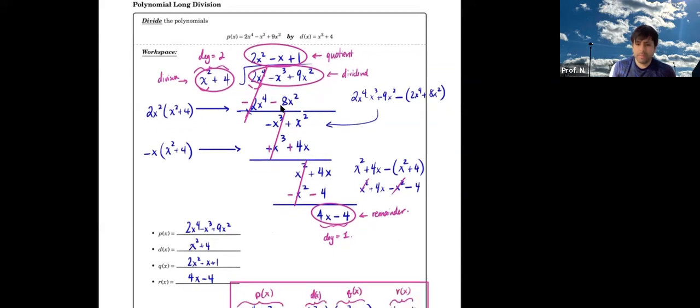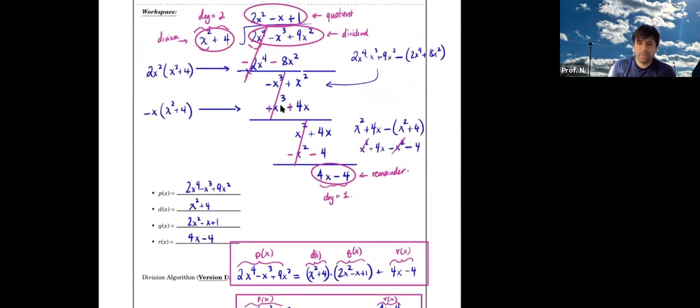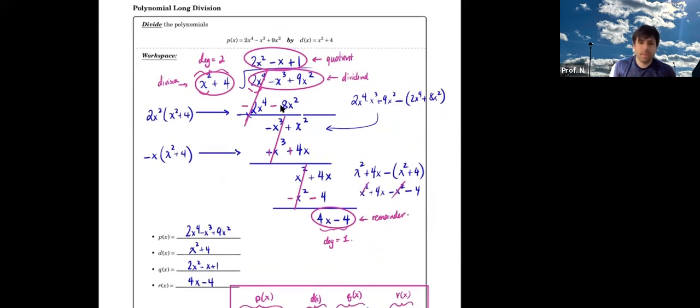So yes, guys, please be very careful and perceptive. It's very easy to make little mistakes here and there along this process. You have to be mindful that every time you multiply the divisor by the term you get on top, the signs of those terms flip when you subtract them, and when you combine them, you're able to eliminate the first term.